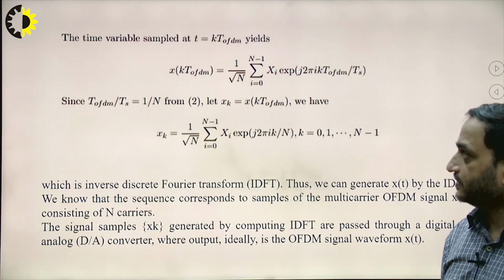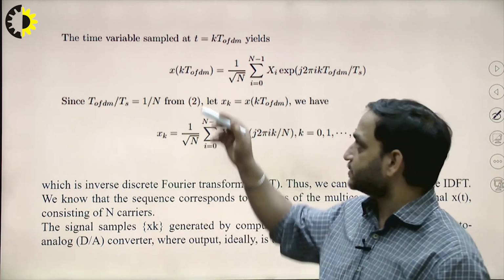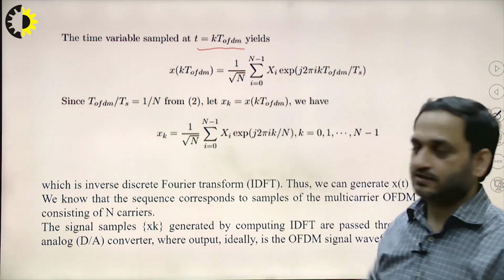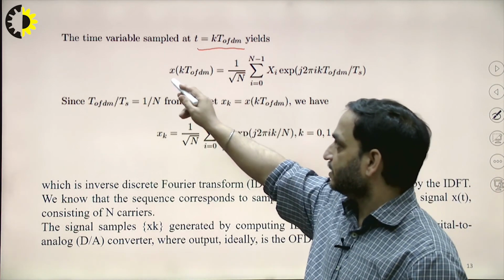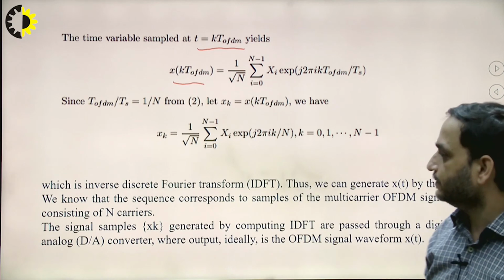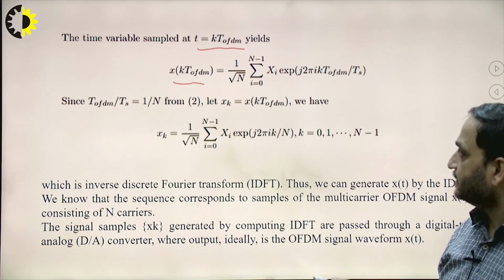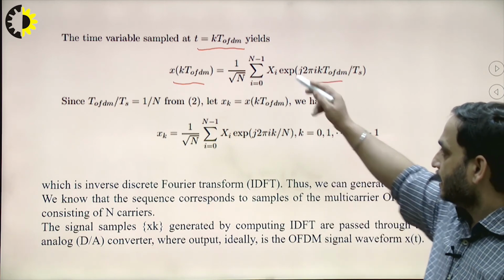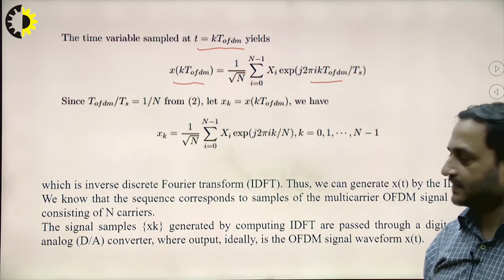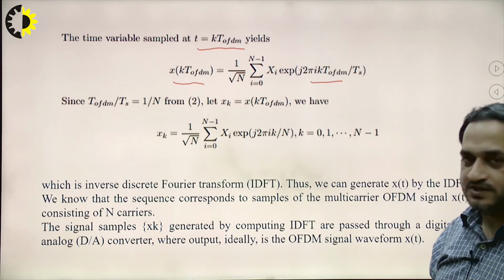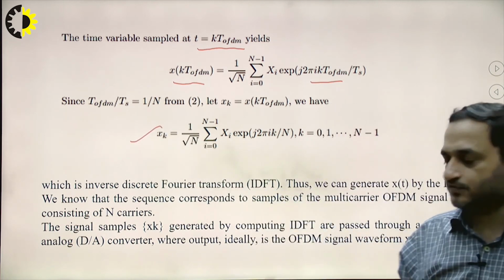Sampling takes place at t = k T_OFDM, which at the instant of the kth symbol looks like 1/√N times the sum of xi times the exponential term, with i going from 0 to N−1. So the final expression for the kth symbol is xk equal to this, which is the inverse Fourier transform.